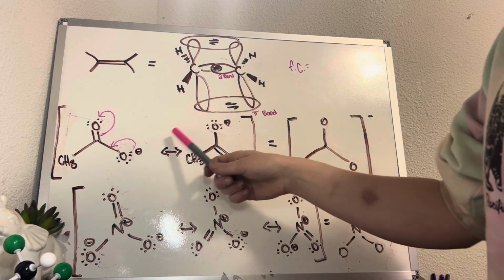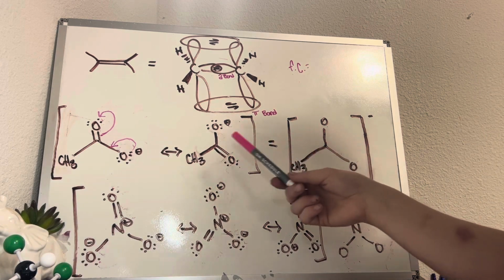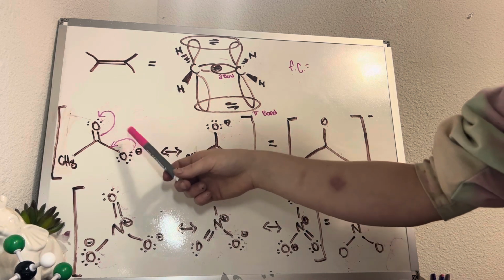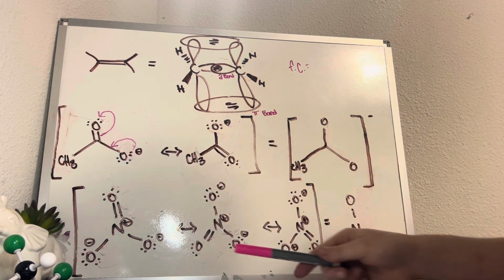And here I want to note the negative charge on the oxygen atom and how it's being moved to this upper oxygen atom based on how we are delocalizing the electrons.